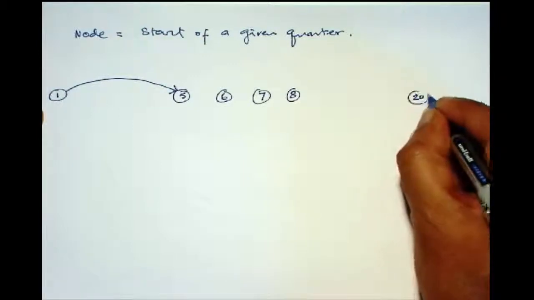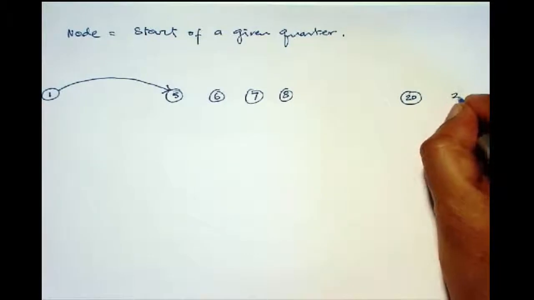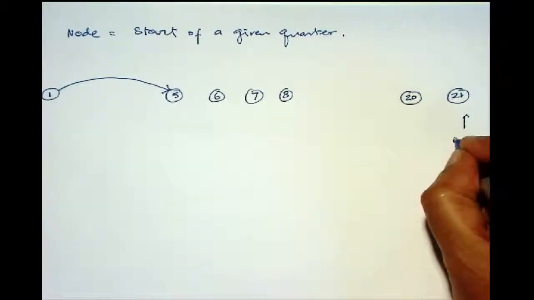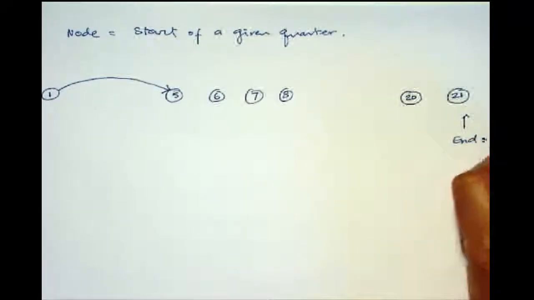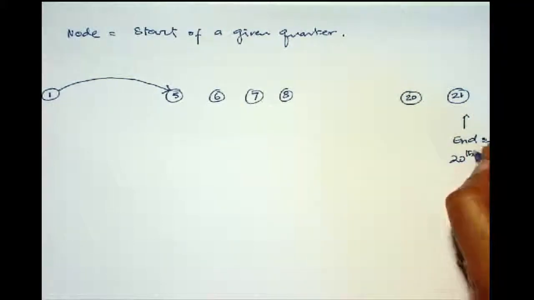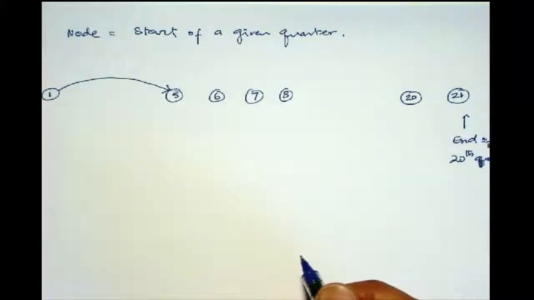So we have to go up to 21, end of the 20th quarter. Okay, so now we have 2, 3, 4, and so on.